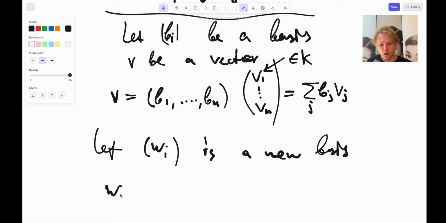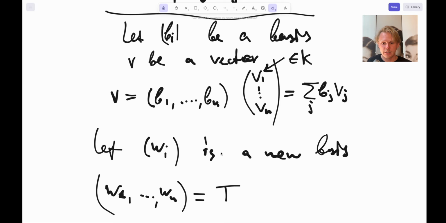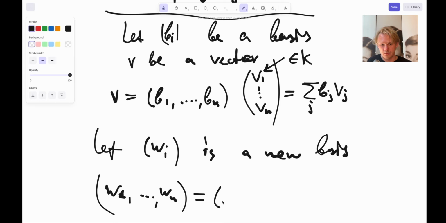And the way you write it is that the new row is the old row multiplied by T on the right, sorry, so it's b1 up to bn multiplied by T, right?